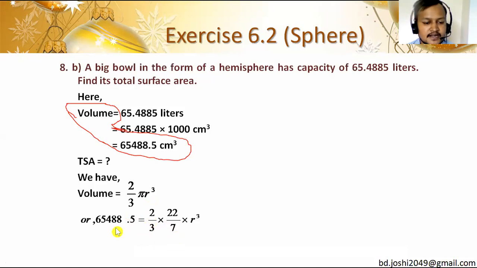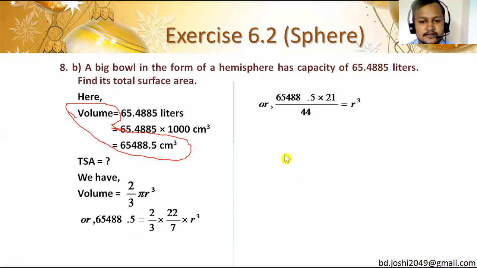Take those to left hand side, and 3 into 7, the 21, is multiplied with 65,488.5, and that is divided by 2 into 22, 44, and we will get the value of r cube in that way. 65,488.5 into 21 comes in numerator from the denominator of right side, divided by 2 into 22, it is 44, is equal to r cube, and after calculating it we get 31,255.875.